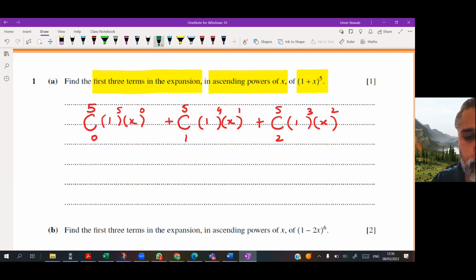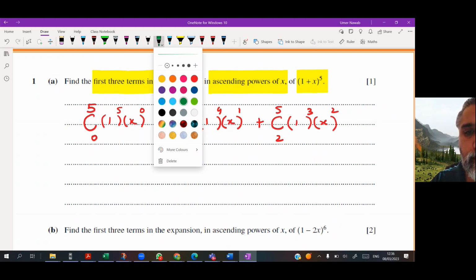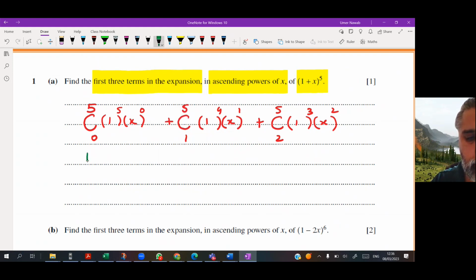So what am I going to get? 1 times 1 times 1, 5 times 1 times x, 10 times 1 times x squared.